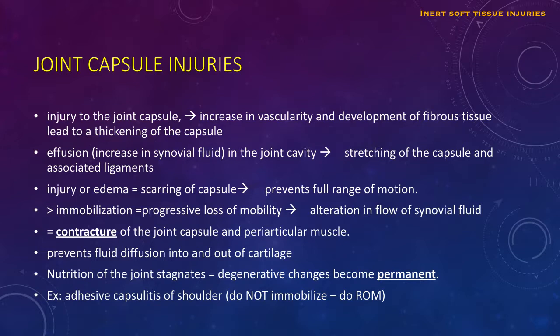So our joint capsule injuries, I think we essentially already covered this to some extent, but one of the ones I did want to point out is shoulder joint capsule injuries. Again, because joint capsules are not highly vascular, we want to be careful that we are not restricting the blood flow to that area any further.